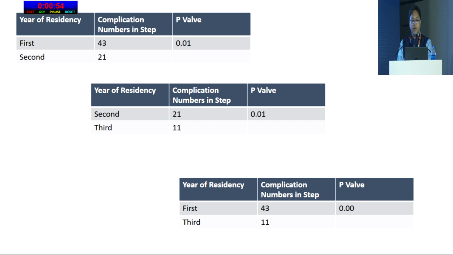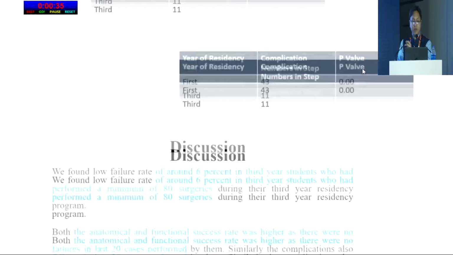When we calculated whether it is significant or not, for all the steps the second year had better results and fewer complications compared to the first year, and the third year had fewer complications compared to the first and second year, and the third year versus first year definitely had greater p-values.